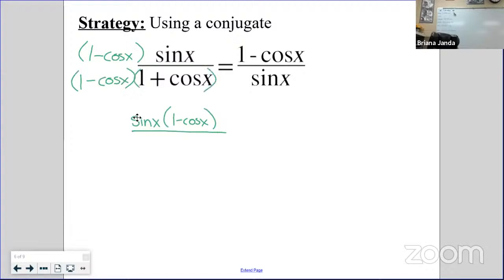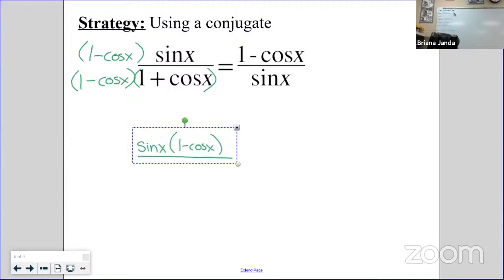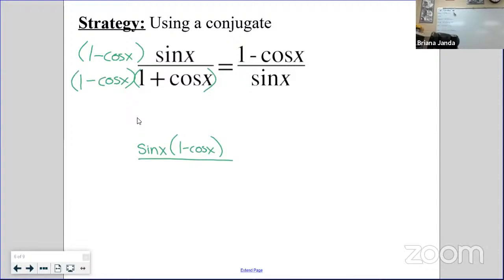Now you may or may not recognize it at the beginning, but it is set up as a difference of two squares. That's why we use conjugates, right? If I forget that, if I FOIL 1 plus cosine of x, minus cosine of x, minus cosine squared of x, your middle two terms will always simplify.